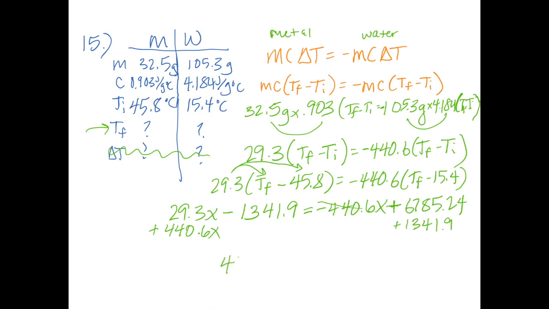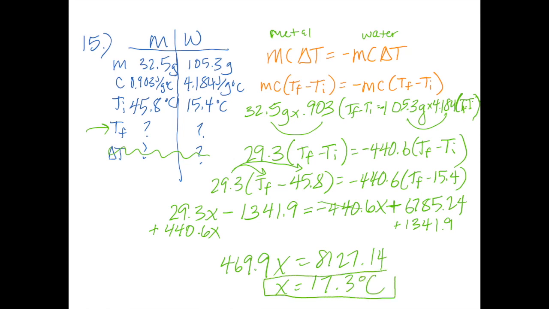So what I end up with is 469.9x is equal to 8127.14, which is a lot of sig figs, but then you divide, get x by itself, 17.3 degrees C. It is not impossible, it's just a little bit more work than the other ones.